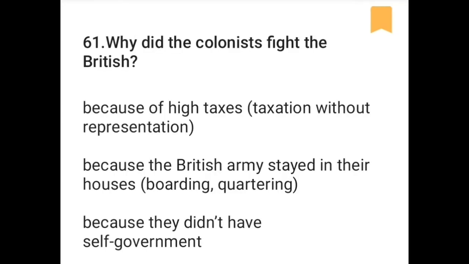Why did the colonists fight the British? Because of high taxes, taxation without representation. Because the British Army stayed in their houses, boarding, quartering. Because they didn't have self-government.